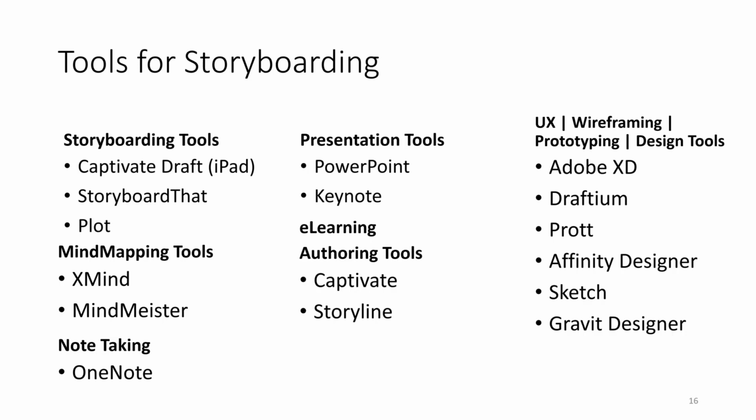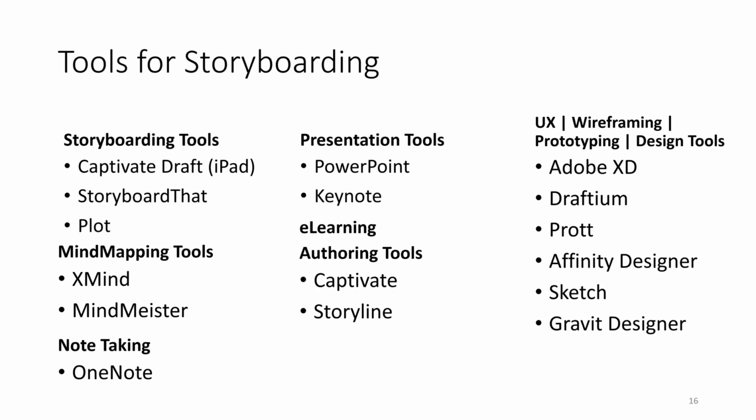Mind mapping tools, Xmind, MindMaster, some of those have presentation modes on them so that you can kind of lay out your storyboard that way. Note-taking apps like OneNote. Presentation tools, again, we're going to cover PowerPoint, but Keynote is the Mac version of that presentation tool. You can also do it in the tools themselves, so in the e-learning authoring tools like Captivate and Storyline.